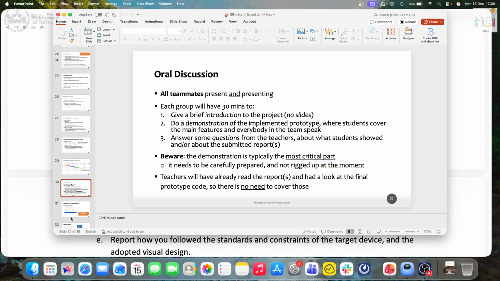No question about the code, no question about theory. Also because here the code is functional to create a prototype, and it's not that we teach you how to do an application in, let's say, React Native. We didn't, so we cannot really ask you a question about the technology because we didn't teach you the technology. Any other questions?